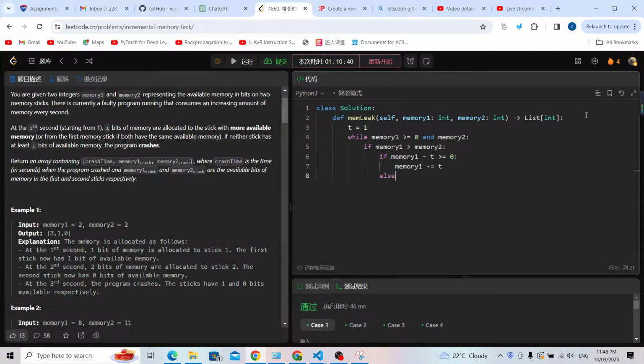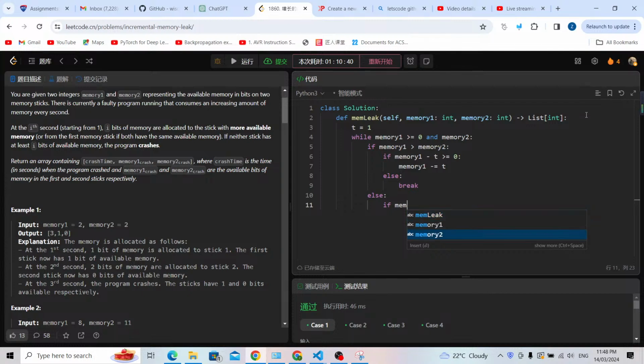Else, if it is a negative value, we're gonna break. Yeah. And similarly for the else condition. So if memory 2 minus t is more than or equal to 0, then memory 2 minus t. Else, if it is not, we're gonna break.